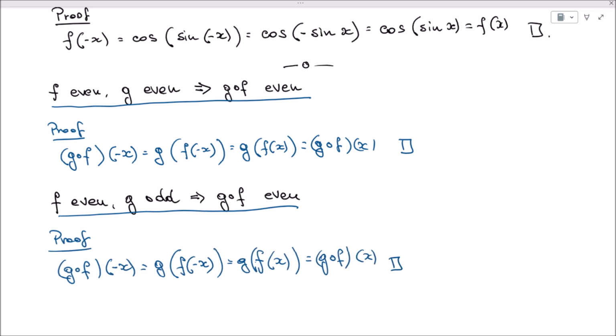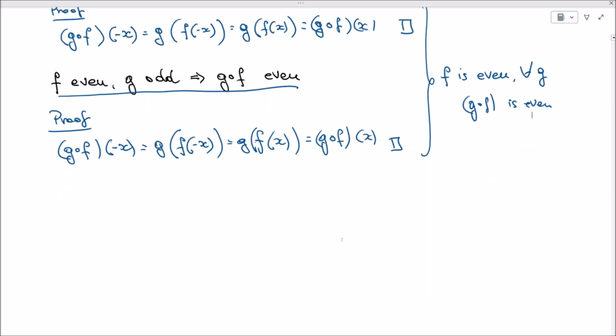So the fact that f is even makes the whole compound function even in any case. So we can conclude this too, saying that if f is even, for every g, g compound f is even.